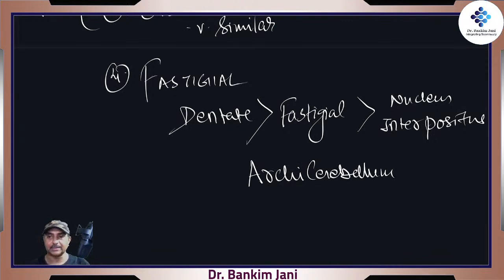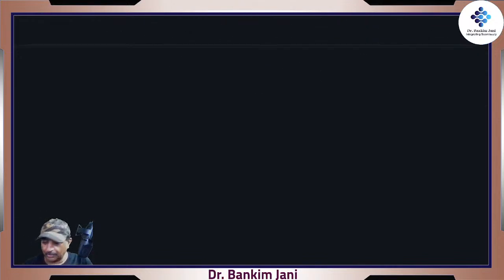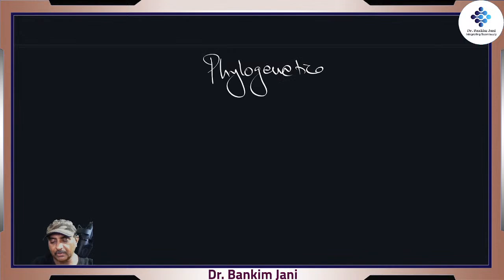Now this fastigial is very interesting. It is associated with the vestibular system, so it plays a leading role in balance. Phylogenetically, as it developed gradually, initially there were only fishes.